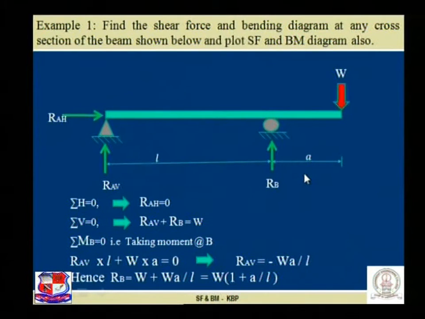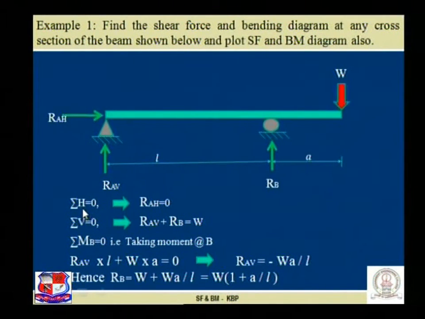And our intention is to plot the shear force and bending moment diagram for this particular beam with the given loading. Step number 1, as usual, find out the support reactions. As we know, the method to find out the support reactions is the equilibrium method. Step number 1, sigma H is equal to 0.